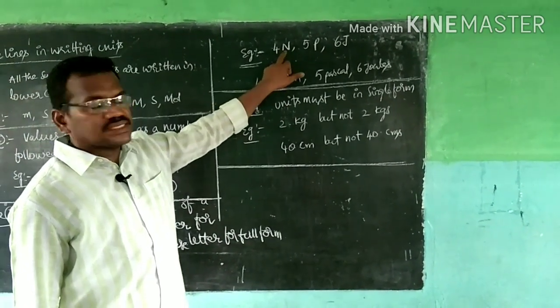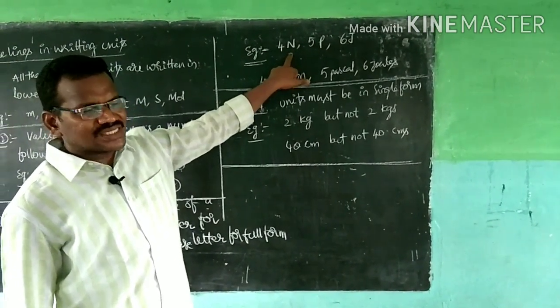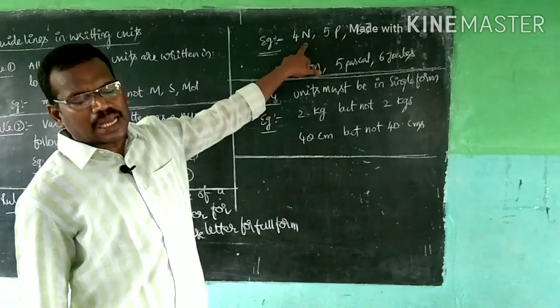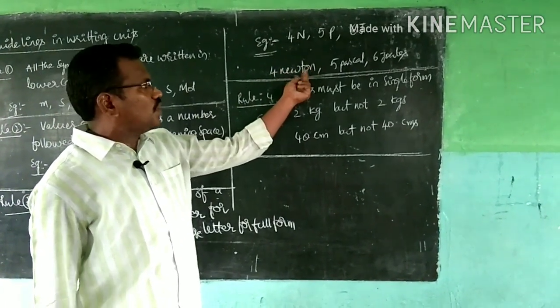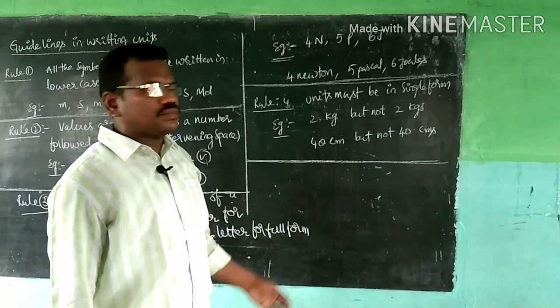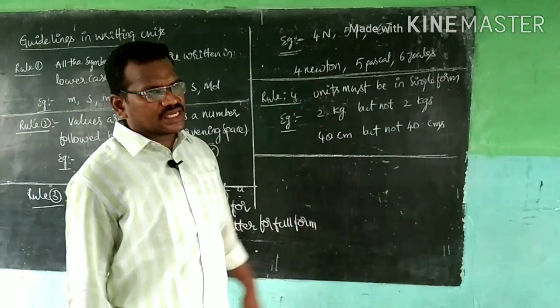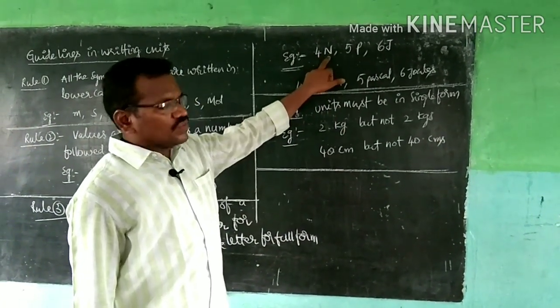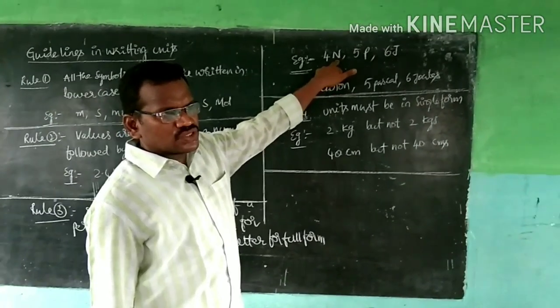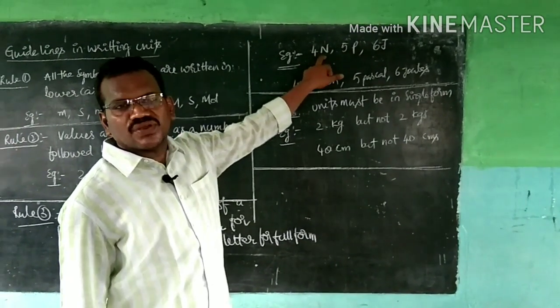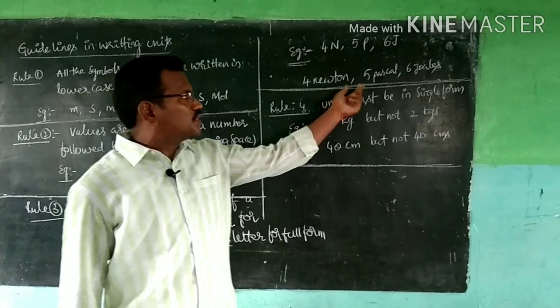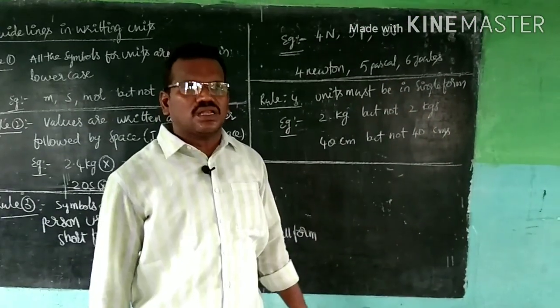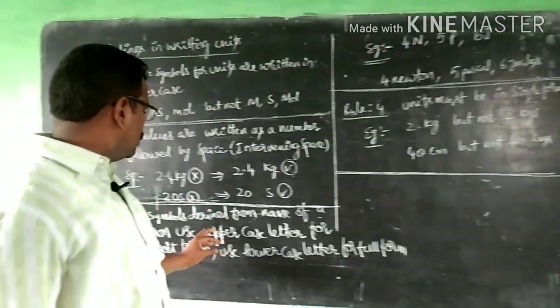Whenever we write in the short form, we should use the capital letter, that is nothing but uppercase. Whenever we want to write the complete name, we should write in lowercase. If we want to write the shortcut form, we should write the capital letter. If we want to write the total name, we should write small letters. Now see the rule.